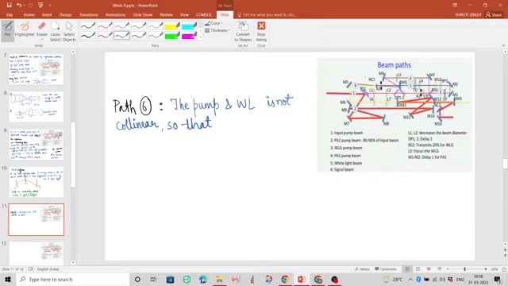So what happens is that the pump can be blocked at this point, so that the pump can be dumped, because now we have generated the signal, we don't need the pump anymore.